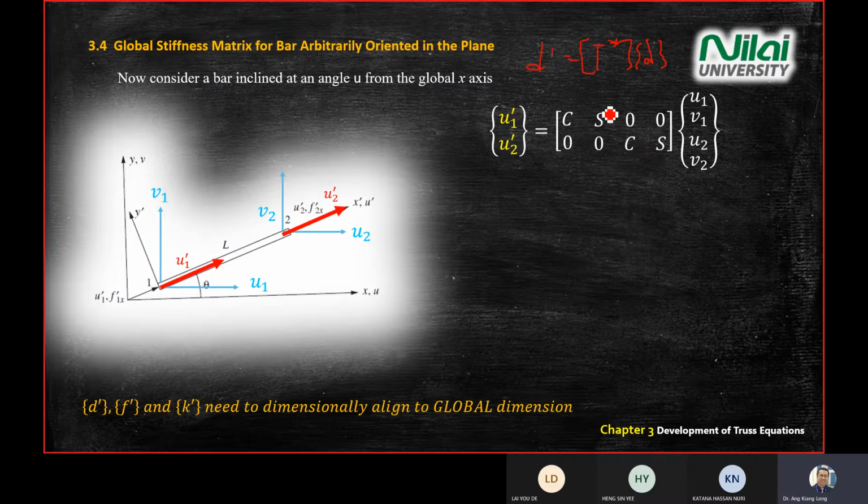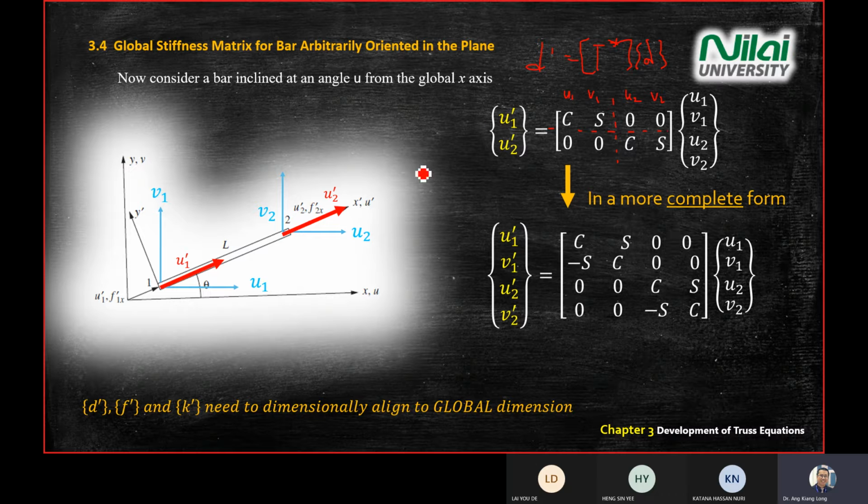C as C again, each one referring to their respective location, which is U1, V1, U2, V2. That's why we see 0, 0 here, because in the first equation we don't have U2, V2. In the second equation we don't have U1, V1. We only have C and S here. So we need to transform into a more complete equation.